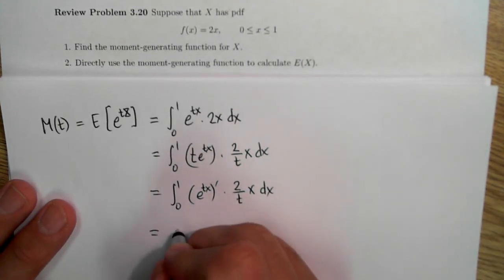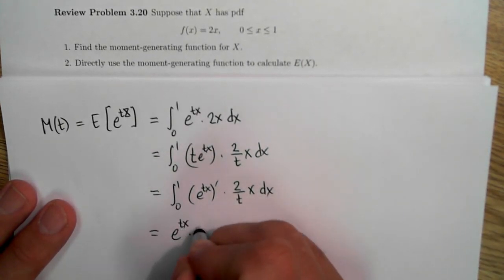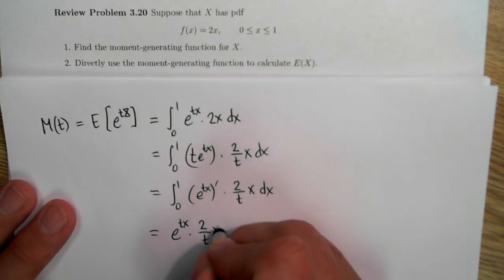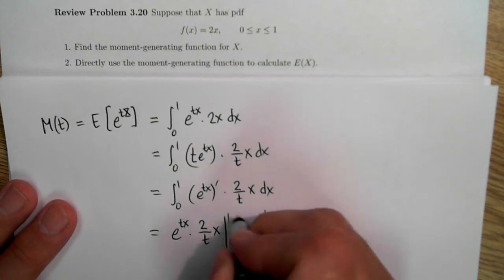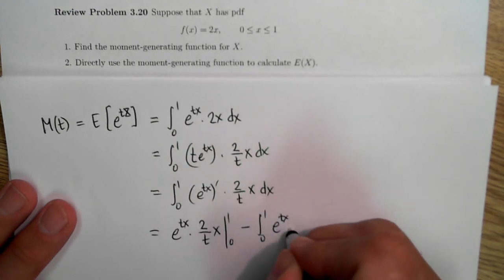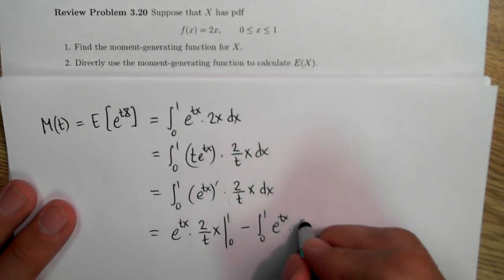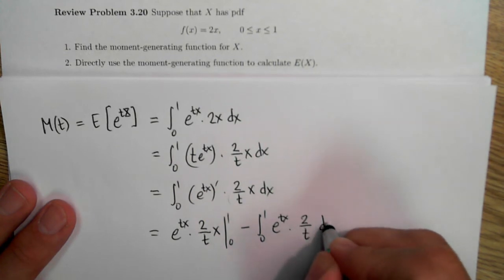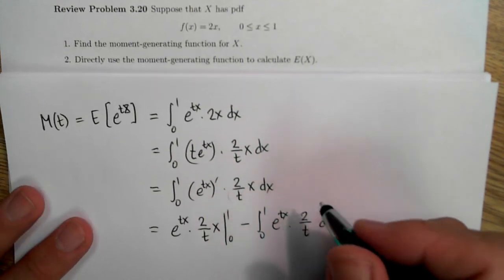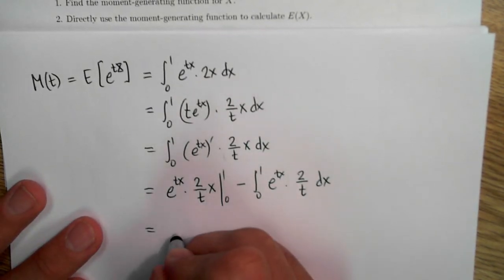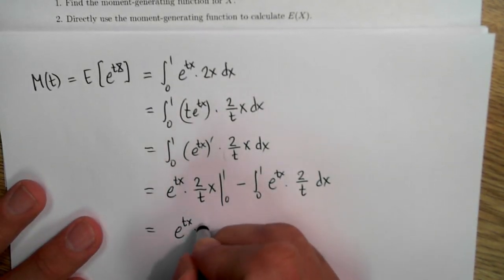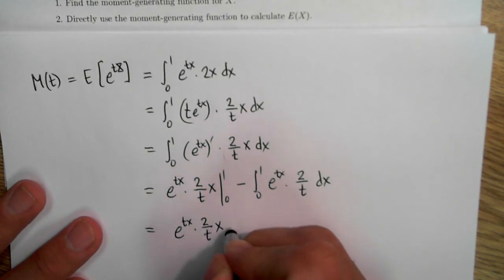So applying integration by parts, we get e to the t times x times 2 over t times x, evaluated from 1 to 0, minus the integral from 0 to 1 of e to the tx times the derivative of this with respect to x, which is 2 over t dx. Okay, so I'll evaluate on the next step e to the t times x times 2 over t times x.